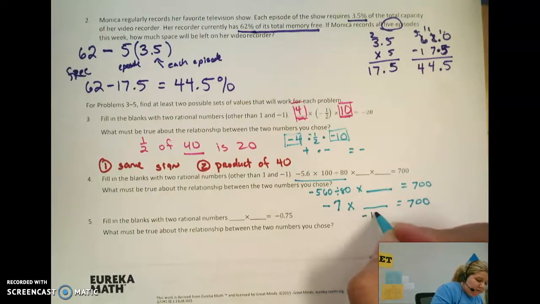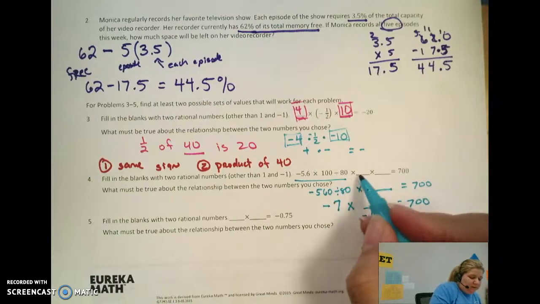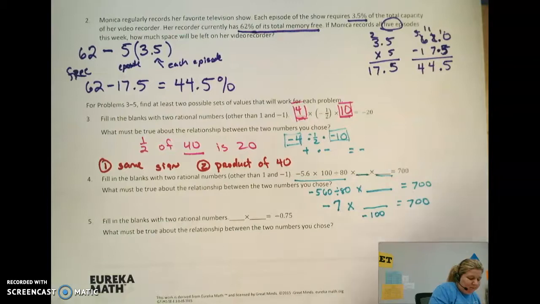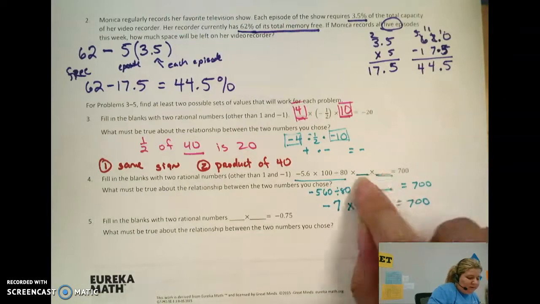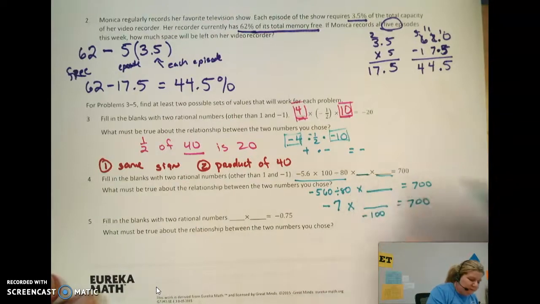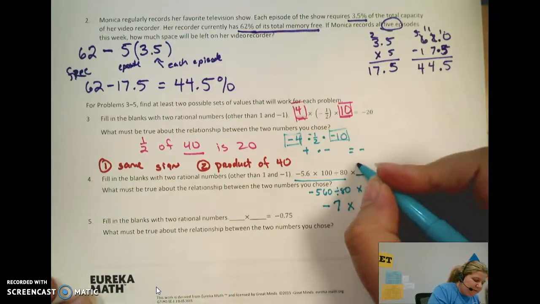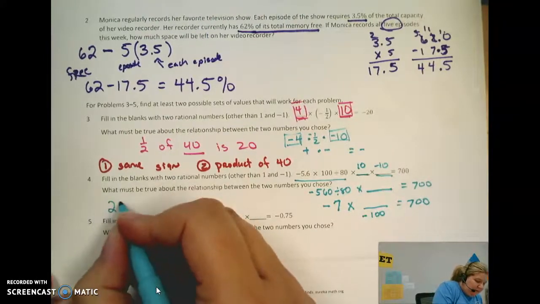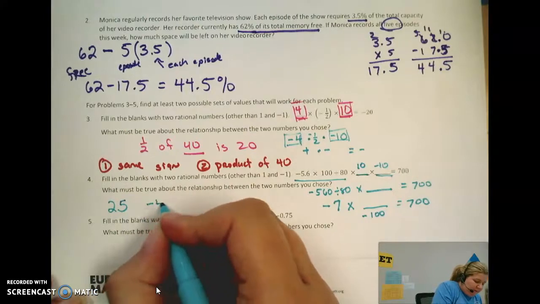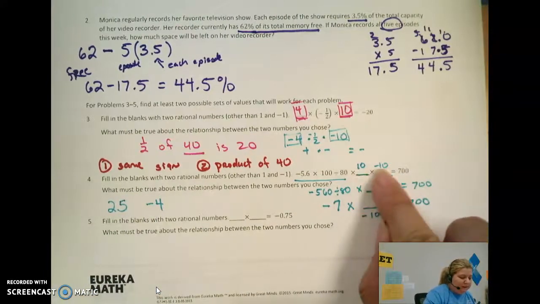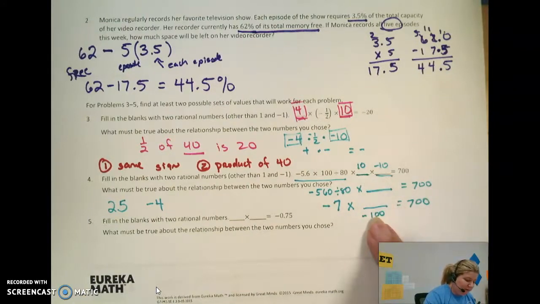negative 100. But it's really in 2 blanks instead of 1. So how can I get negative 100 by multiplying 2 numbers together? So I could do 10 and negative 10. I could do 25 and negative 4. Basically, I could have any 2 numbers that have a product of negative 100.